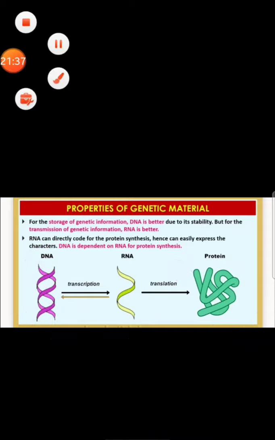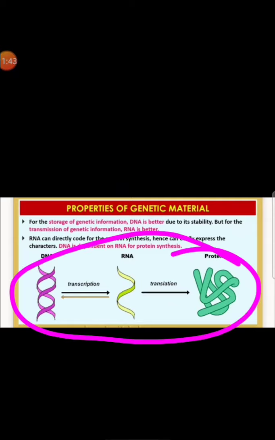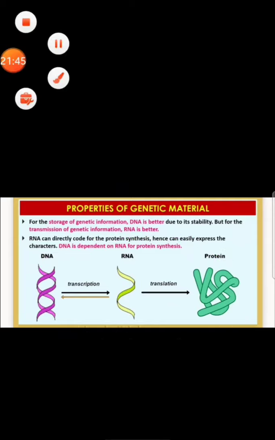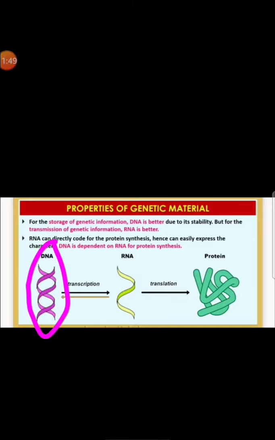In this slide, it is not that easy to understand this process just from the slide. You just have to remember that DNA is more stable for storing information, but DNA depends on RNA for the transmission of genetic information.